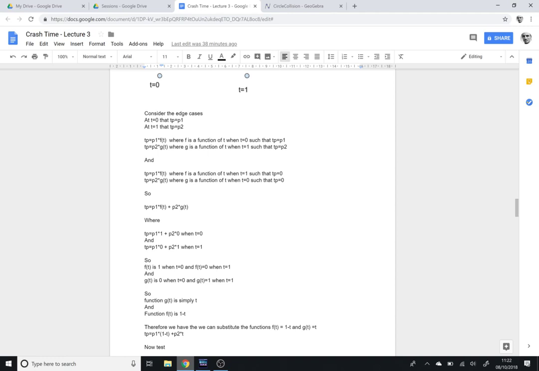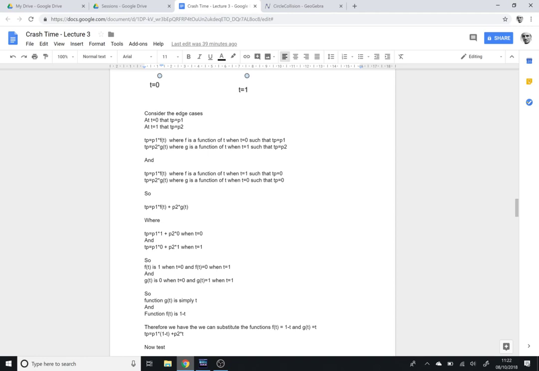And this is the magic of maths. You go, I don't know what the functions are. They're a little black box. They could do anything. But I'm just going to call them f, where f is a function of t, that when t is 0, tp equals p1. And then I'm going to have another function g, where g is a function of t when t equals 1, such that tp equals p2.